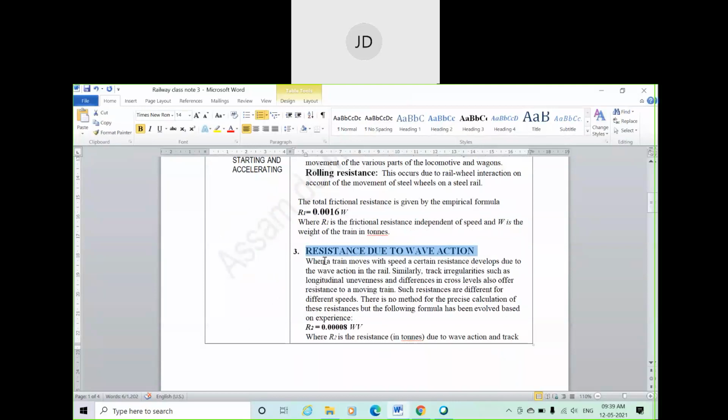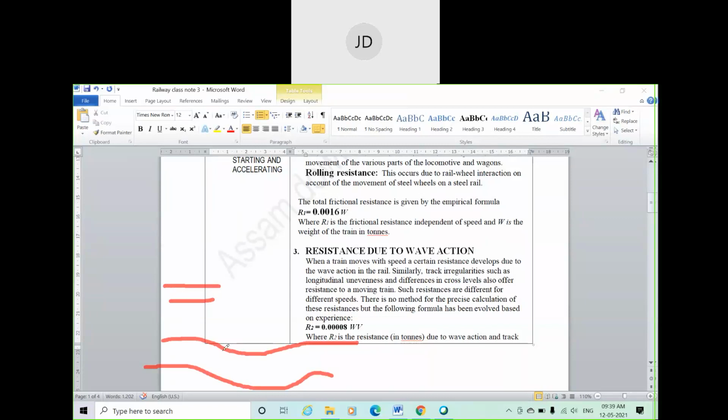So, resistance due to wave action. When the train moves, a certain resistance is developed due to the wave action in the rail. I already told you that the track profile of a railway is not uniform. If I give a top view, the railway track is not always a straight line; from the sky you can see it like this.